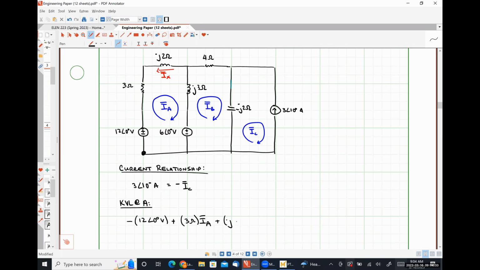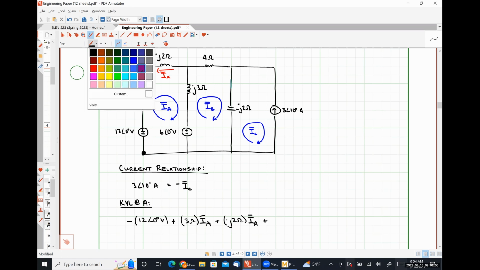Or J2 ohm inductor. That's also going to be multiplied by just IA. Right, so I'm following IA around. What's the next thing I see? It does branch, but we're following IA.